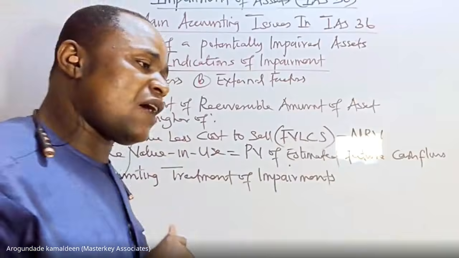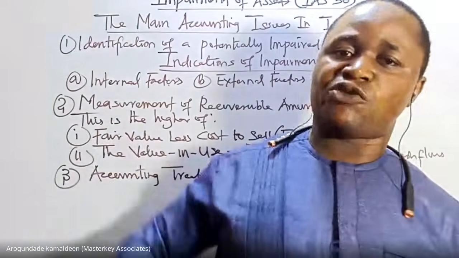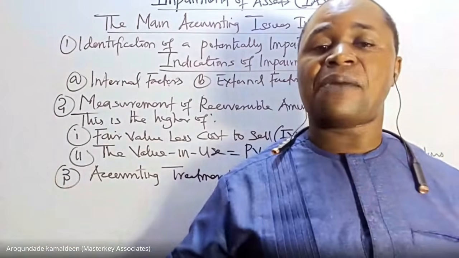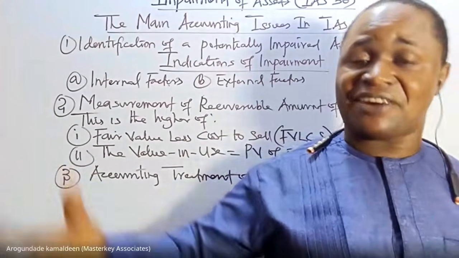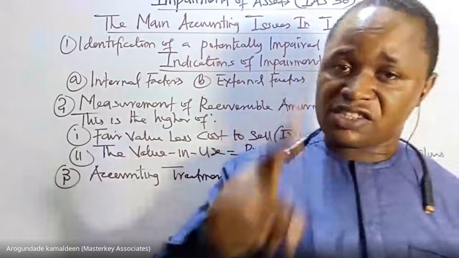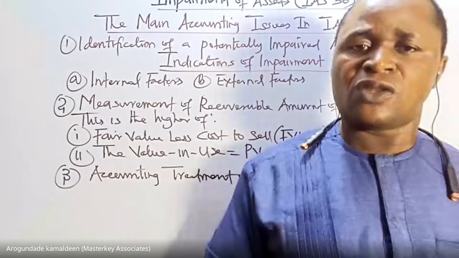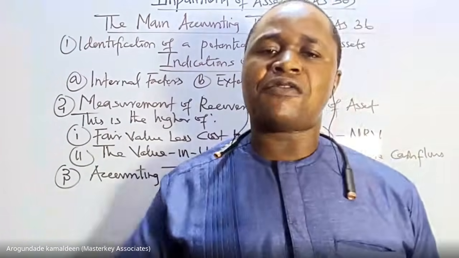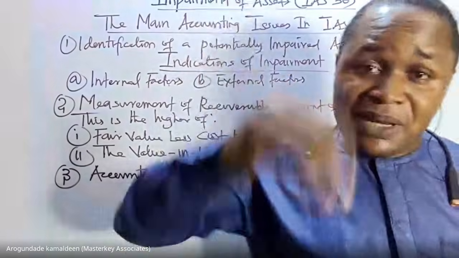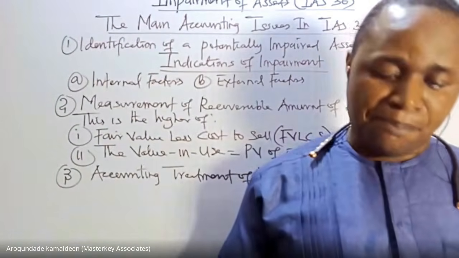Remember, under IAS 16, property, plant, and equipment can be carried in the records under 2 models: 1, cost model; 2, revaluation model. So the method of carrying your PPE would determine how you are going to treat the impairment.